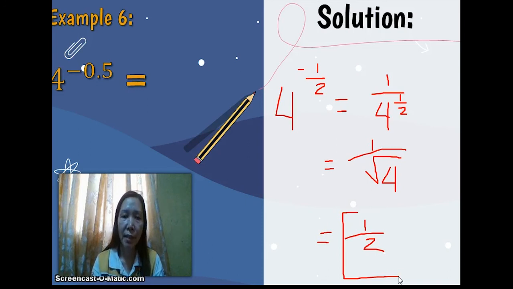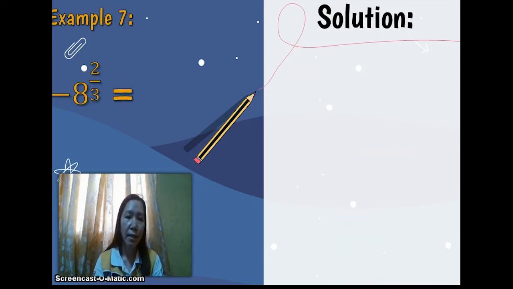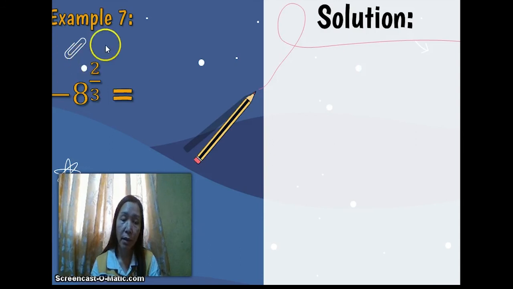Let's proceed. What have you noticed in this example? There is no parenthesis already. So how do we simplify this? The exponent does not apply to the negative because there is no parenthesis grouping them together. Unlike in the previous example, negative 125 raised to negative 1/3, where the exponent negative 1/3 applies to negative 125.